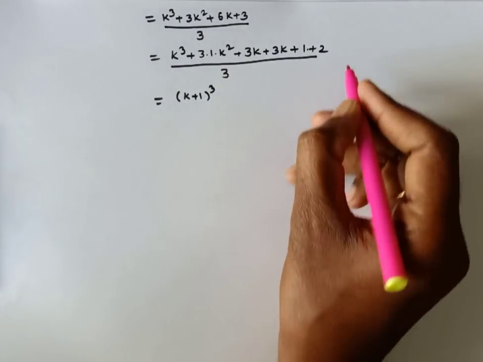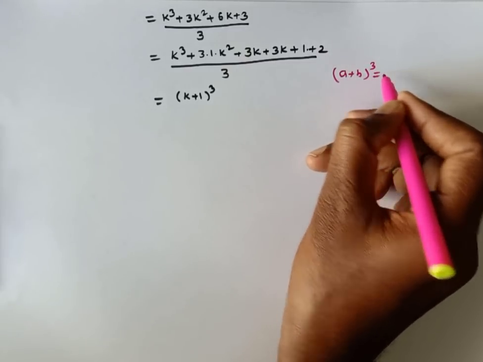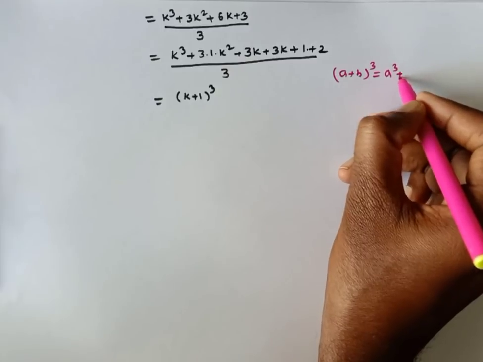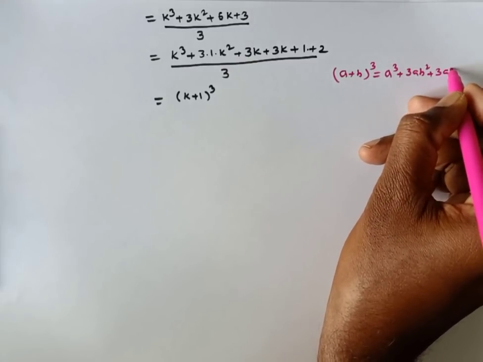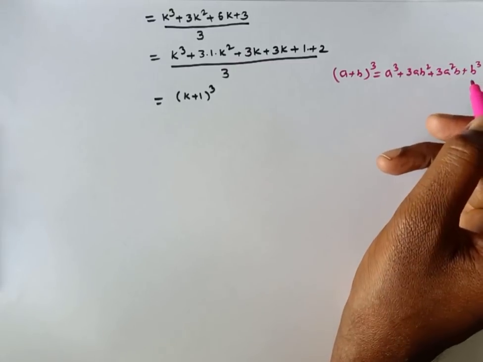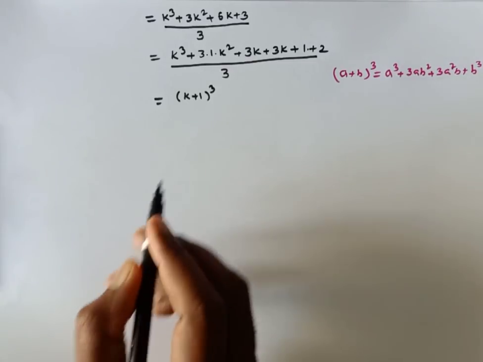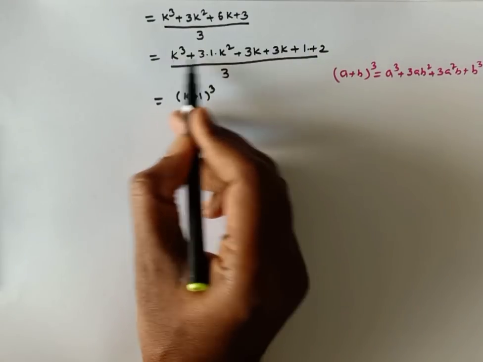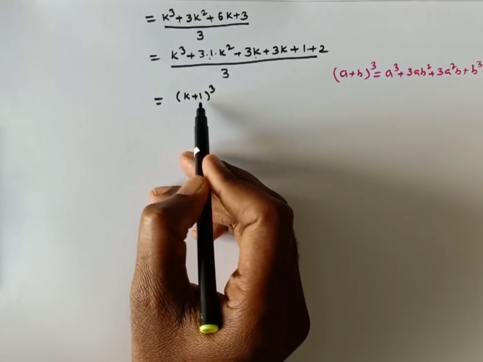Here I am using a plus b whole cube. What is a plus b whole cube? A cube plus 3ab square plus 3a square b plus b cube. Now here the value of a is k and b is 1. So it is in the form of only these terms and this, so k plus 1 whole cube.